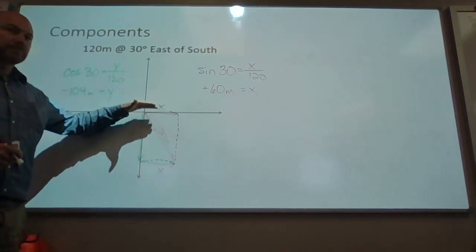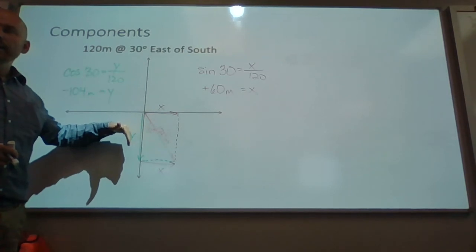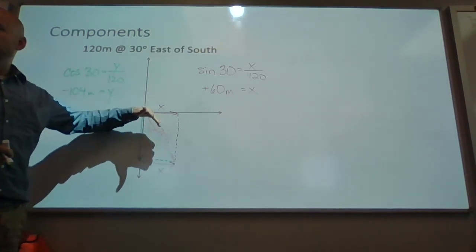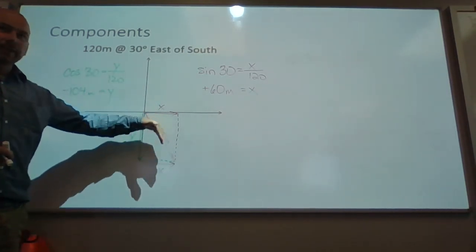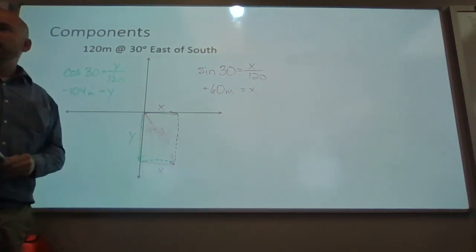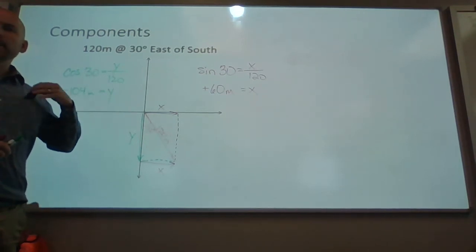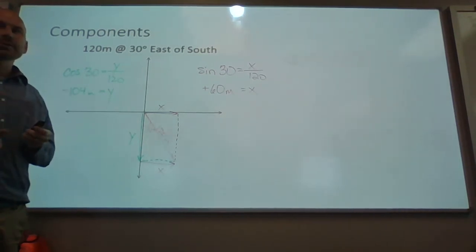If we found the resultant of the purple and the green, that's going to give us our original vector. So these are the pieces that make up the whole. That's why we call it components. Sound good with that? Okay. Questions there?